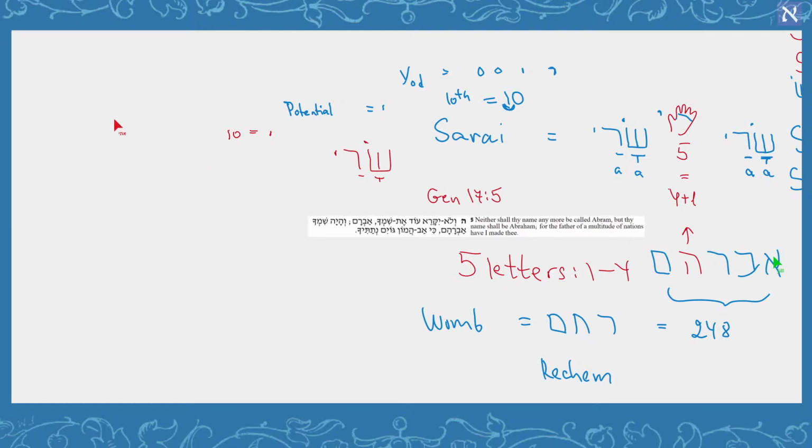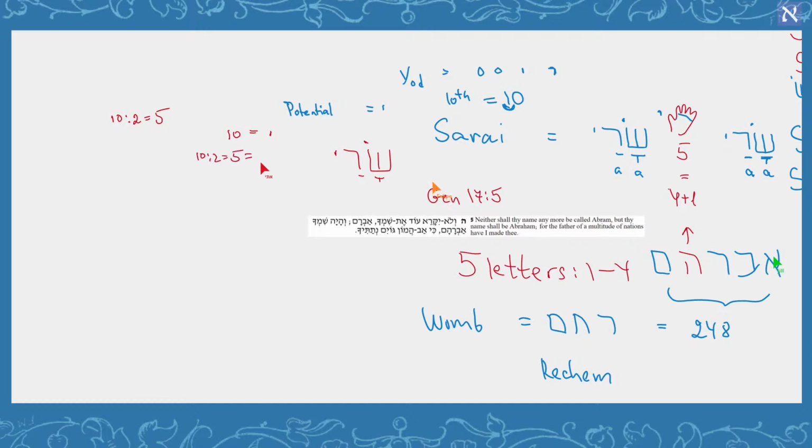The letter Yod equals 10. But Sarah needs a palm. How do we create for Sarah a palm? We divide the 10 into 2 and then we have 5.